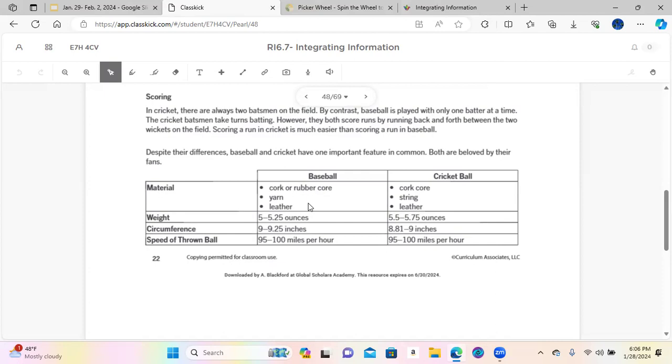The circumference of the baseball is 9 to 9.25 inches, and the cricket ball is 8.81 to 9 inches. Speed of thrown ball, 95 to 100 miles per hour for both balls, right? So this is a way of presenting the information using a table.